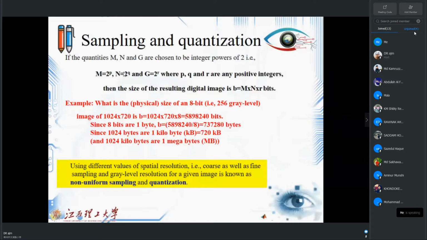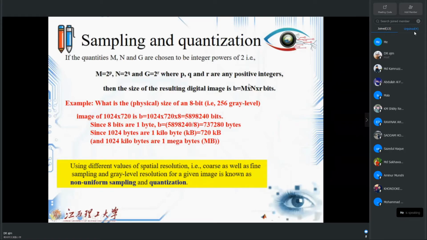If we assume the quantization is M, N, and G, chosen to be integer powers of 2, with an equation like this: M equals 2 to the power p, N equals 2 to the power q, and G equals 2 to the power r, where p, q and r are any positive integers.